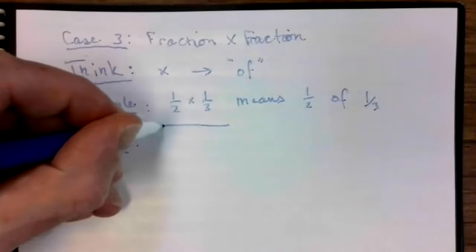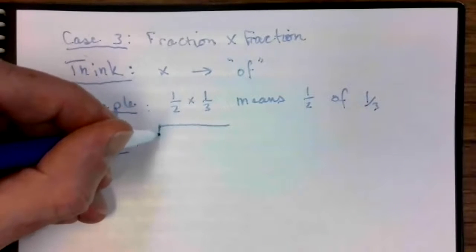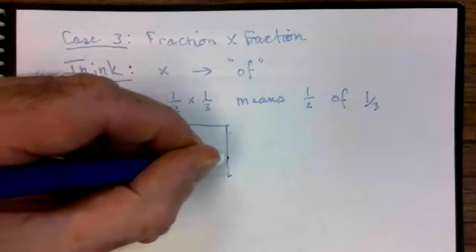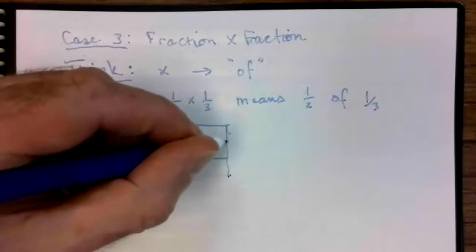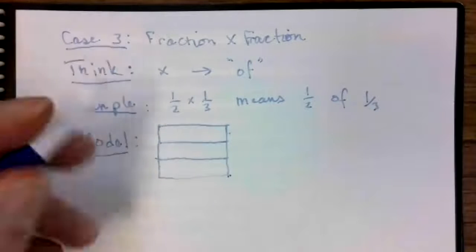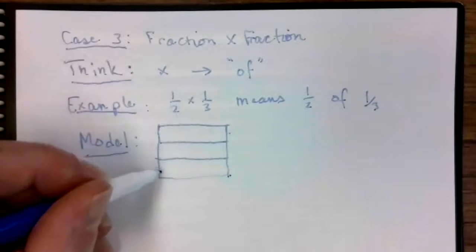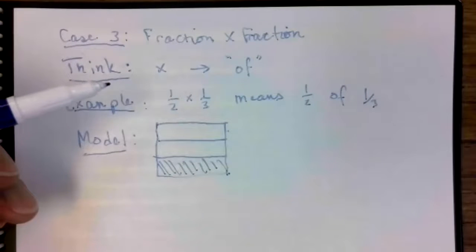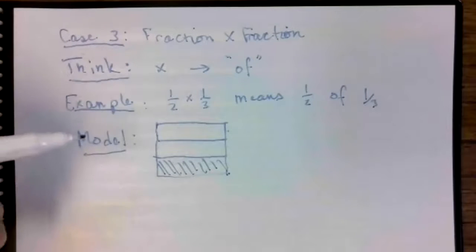What I do is I get a model for 1/3. Okay, so there's my model for 1/3. Now I want 1/2 of this.